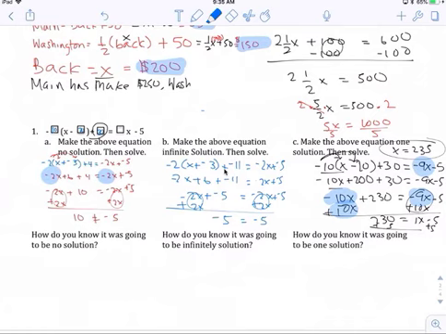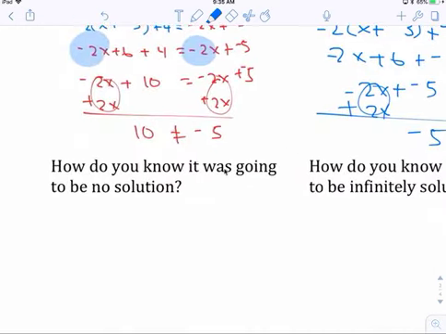Coefficients are different. And how do you know it's no solution? How did I know?